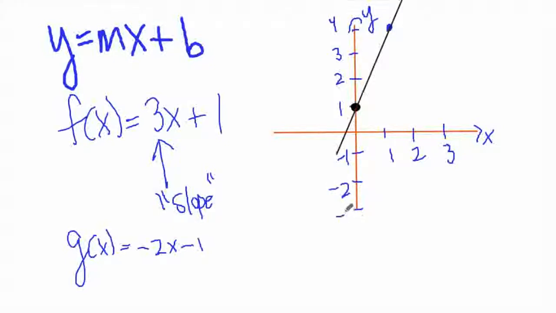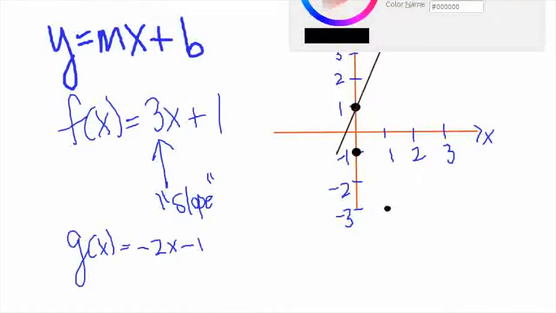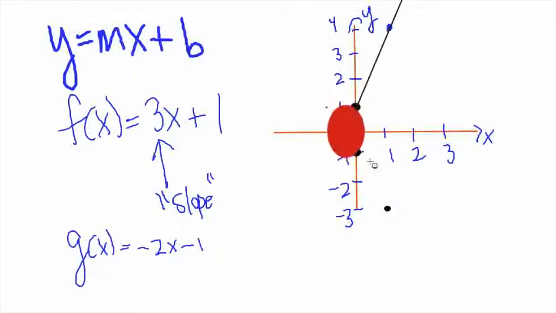Now we're going to start at y equal to minus 1. Okay, and the minus 2 tells us that we're going to go down 2 every time we go over 1. So if you did that, you go down 2 and over 1, that would get you here. So let's now draw a line between those 2 points.